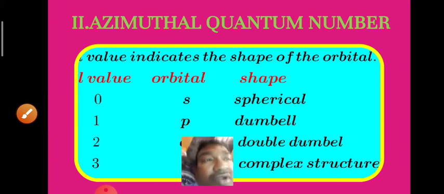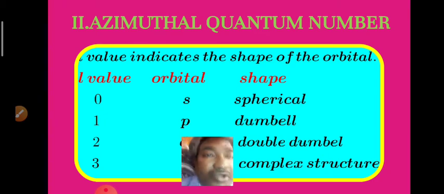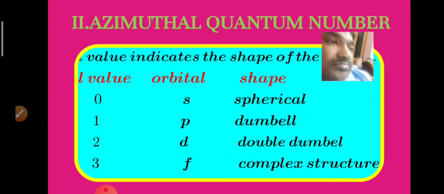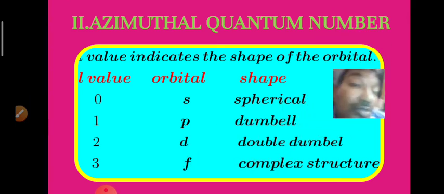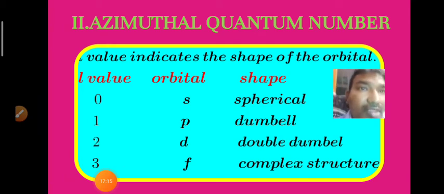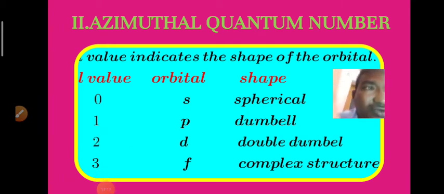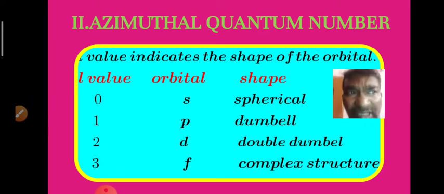Now the azimuthal quantum number l also tells about the shape of the orbital. If l is equal to 0, then that orbital is called an s orbital, and the s orbital has a spherical shape.